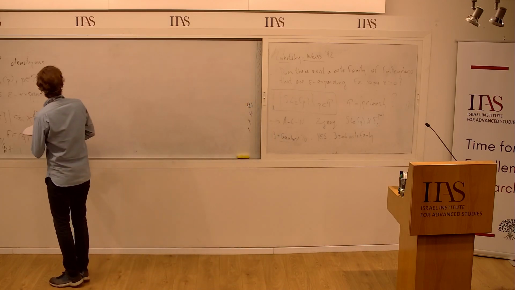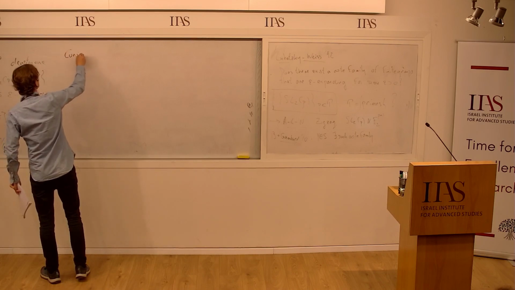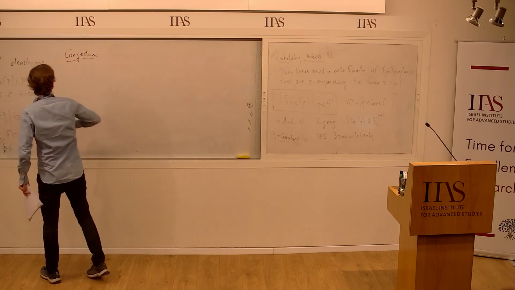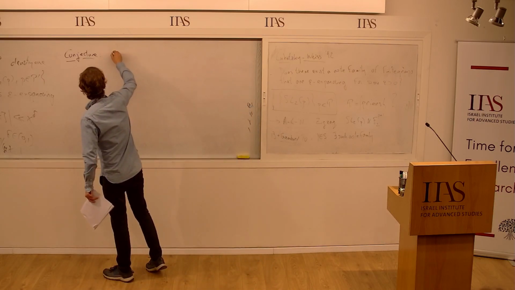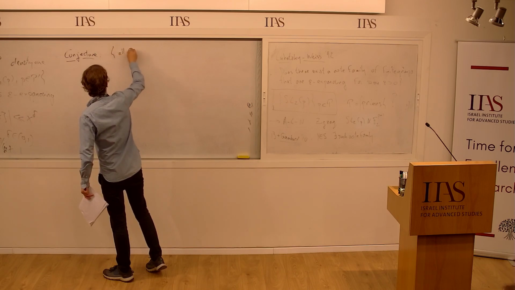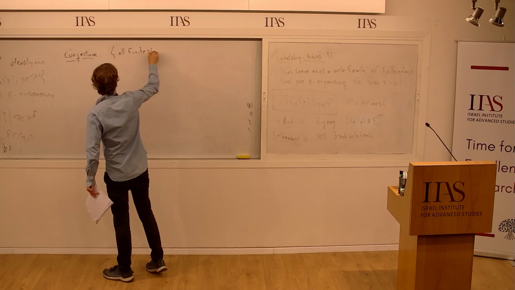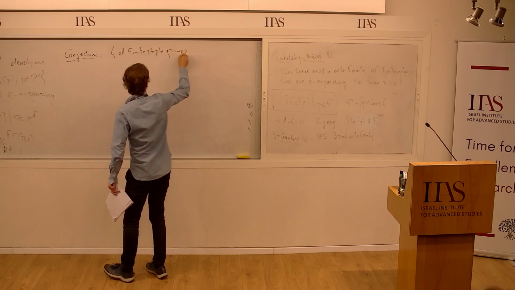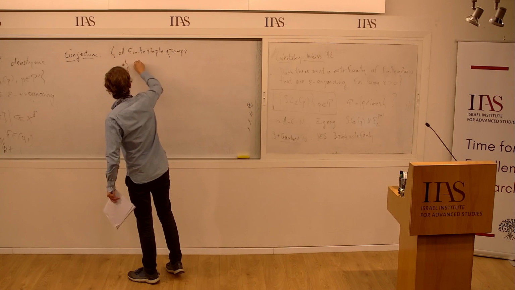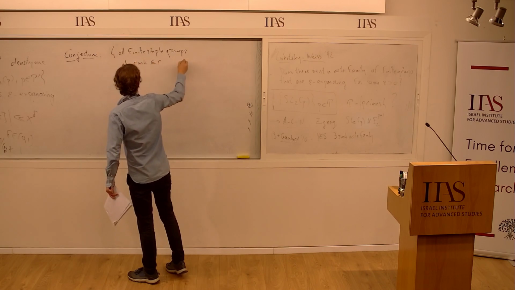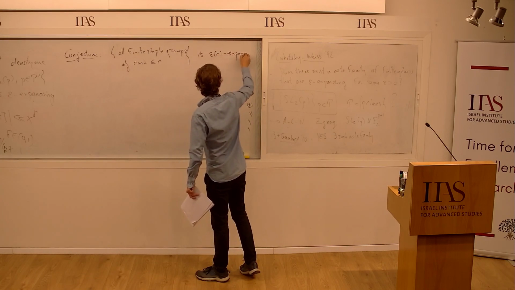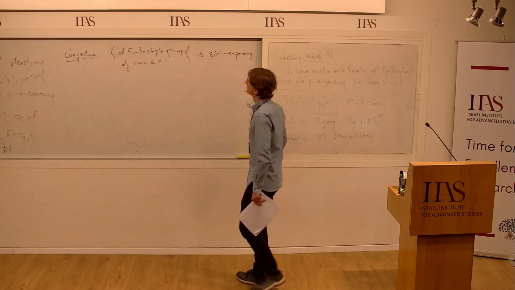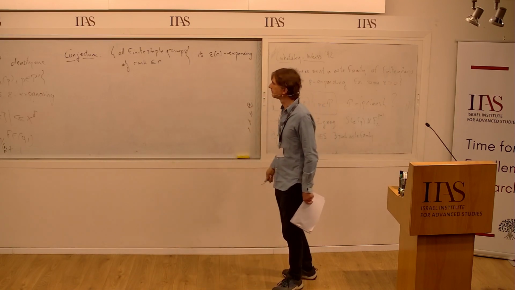First of all, the conjecture, which I wrote down in my ICM paper, is that one should hope that the family of all finite simple groups of rank at most r is epsilon(r)-expanding. So this is still an open problem.